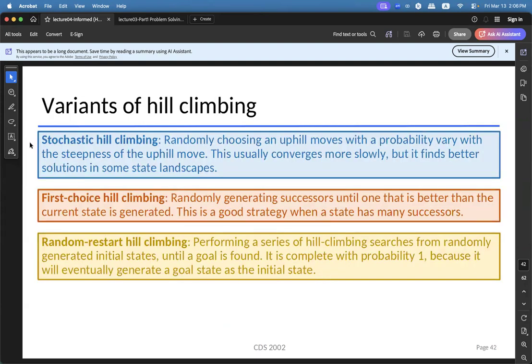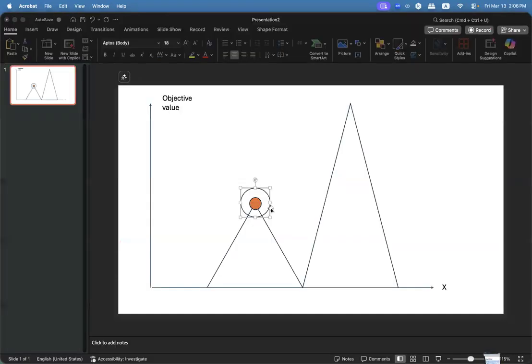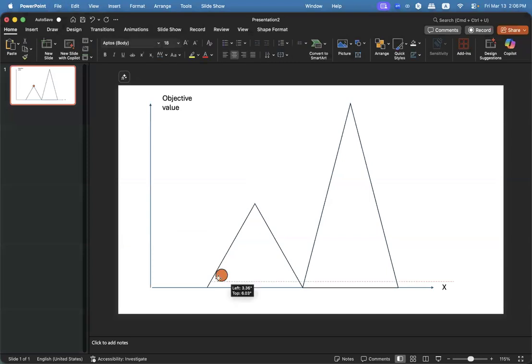The next is so-called stochastic hill climbing. I start from a position, and each time I move, I am moving in a kind of random way.